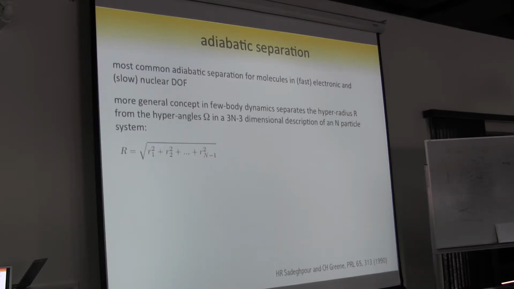And a more general concept, also in few body dynamics, very popular in nuclear physics and so on, but also atomic physics, separates the hyperradius of a system from the hyperangles in the 3n-3 dimensional description of an n-particle system. And I tell you that so you realize that it's not really only Born-Oppenheimer for molecules, so adiabatic is much more general.